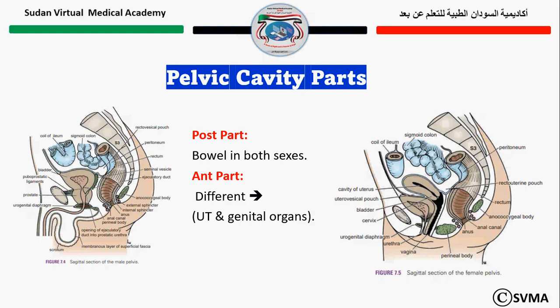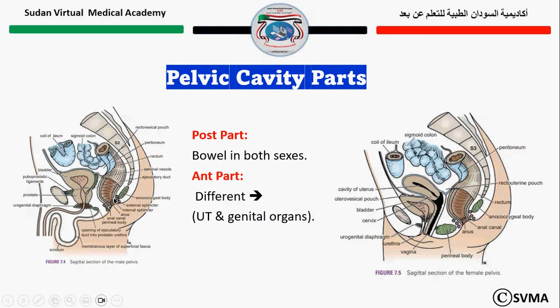If we divide the pelvic cavity into two parts, anterior and posterior, the posterior is similar in both sexes. If you follow my cursor, this is the female pelvis and this is the male pelvis. If you cut it in half, the posterior part of the pelvis is similar between males and females, and it's mainly filled by the bowel, which is the terminal coils of the ileum, the sigmoid colon, and the rectum.